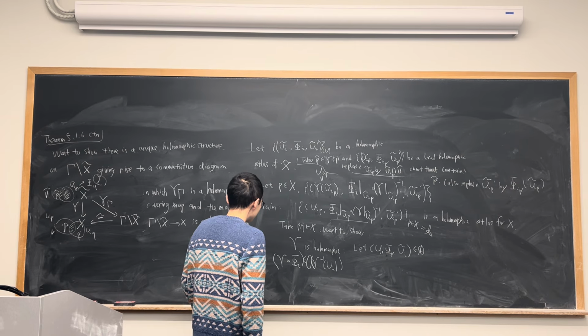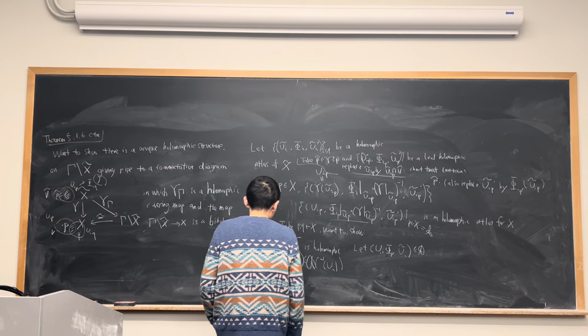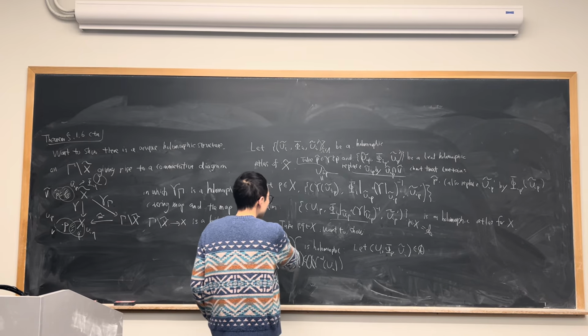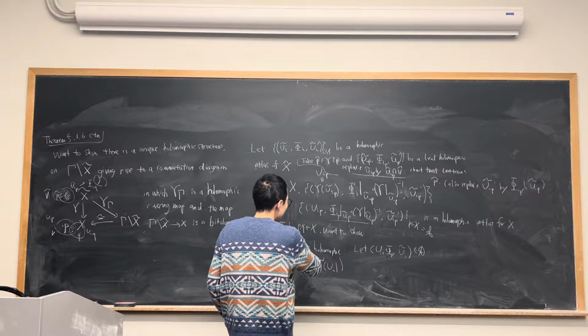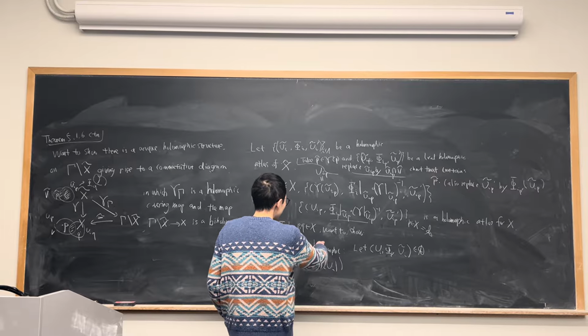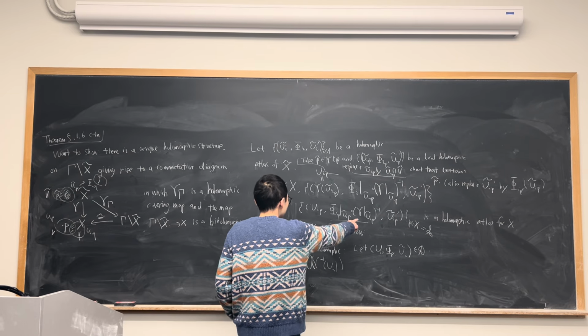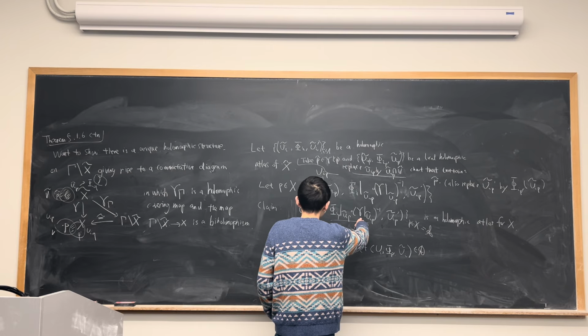Okay, so the reason is this phi_I basically is that you take the gamma, so this is a biholomorphism.